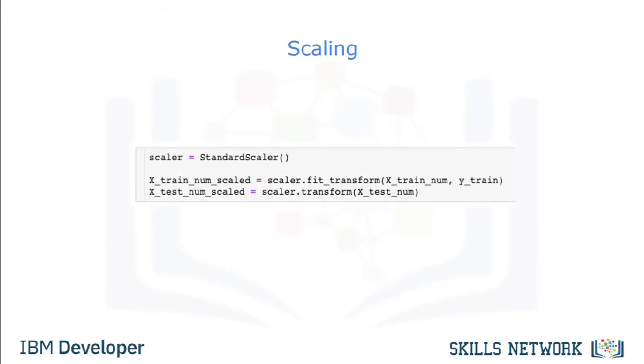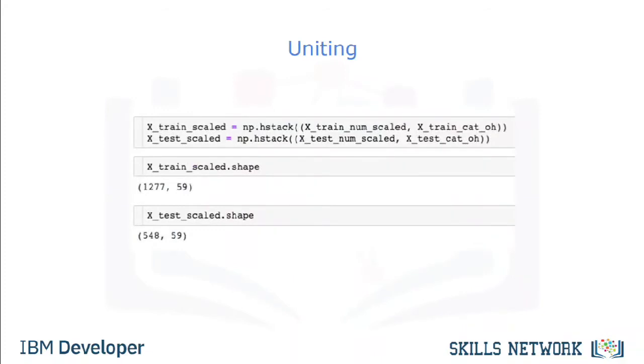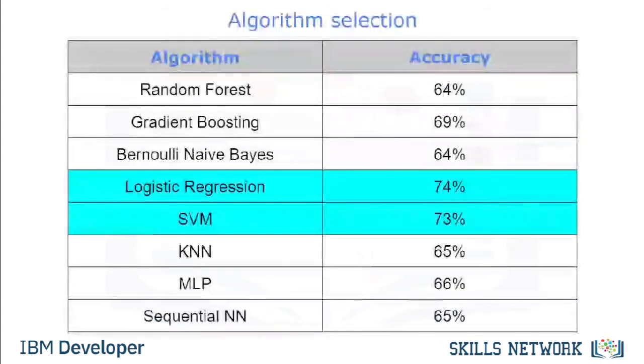Feature scaling is the method used to normalize the range of independent variables or features of the data. And lastly, we would unite the train and test data.